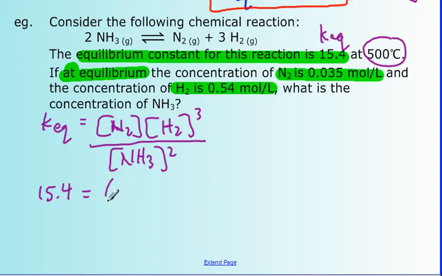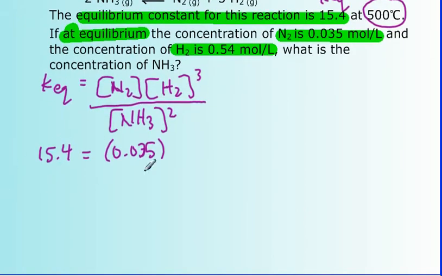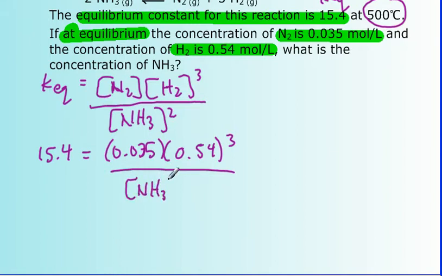We're given the concentration of nitrogen, 0.035 moles per liter. I'm going to omit the units since we've learned that the units aren't going to be very meaningful because KEQ doesn't have units that they'll be able to cancel with. Hydrogen, 0.54 cubed, and in the denominator the concentration of ammonia squared.